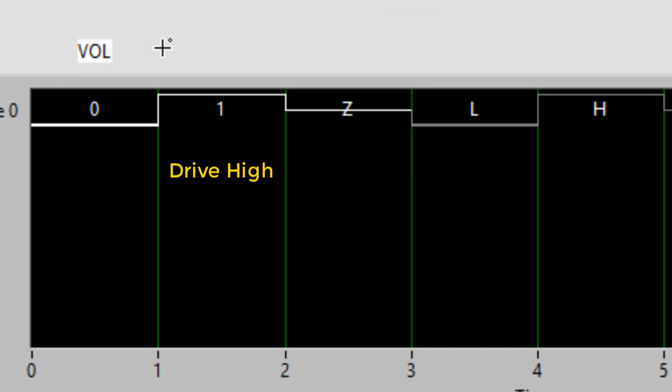Then we have 1, value of 1, which means drive high. It forces the logic high and drives to the high voltage level. Let's call it VOH. OH is in the subscript.